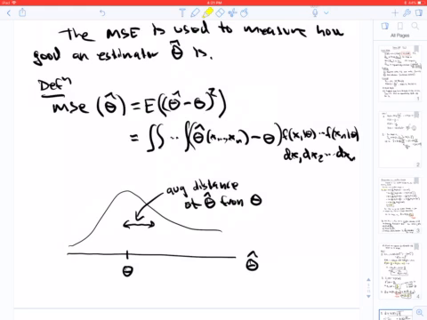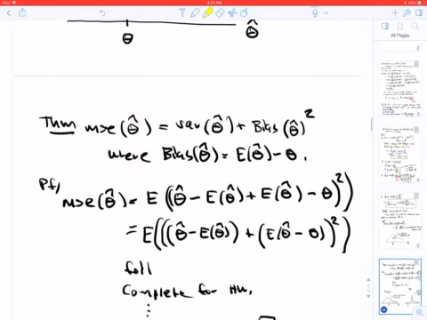And that can be written out as a multiple integral, but we don't actually ever solve this integral. Instead, we use this theorem here, which you're going to, I think, prove for a homework, which says that the MSE is the variance plus the bias squared, where the bias is the expectation of the estimator minus theta.